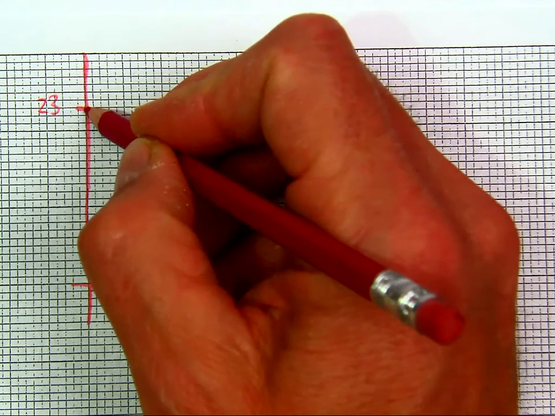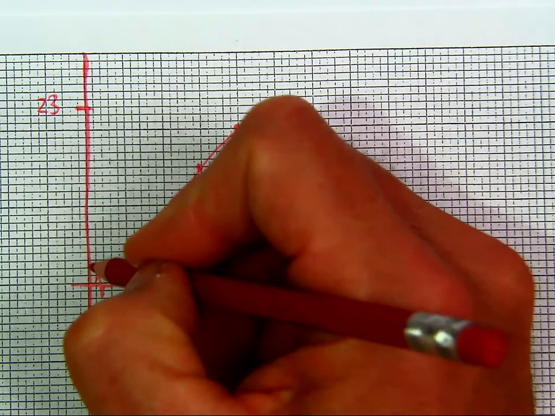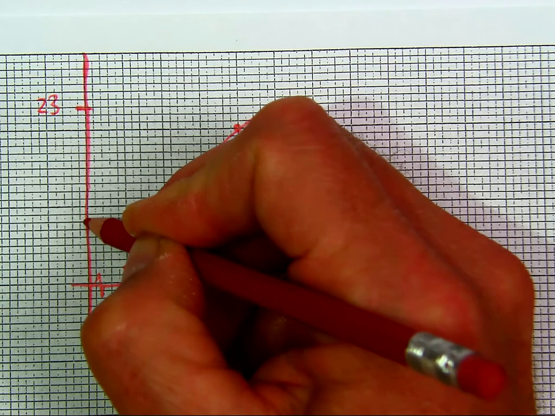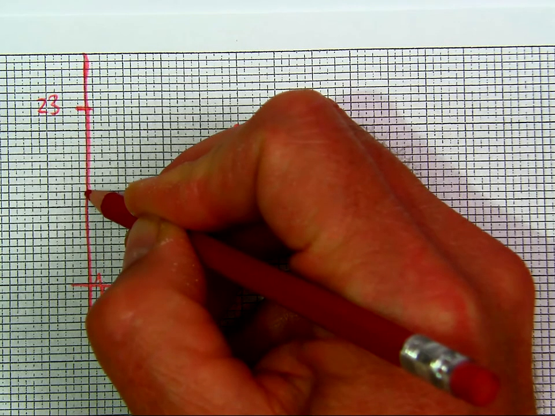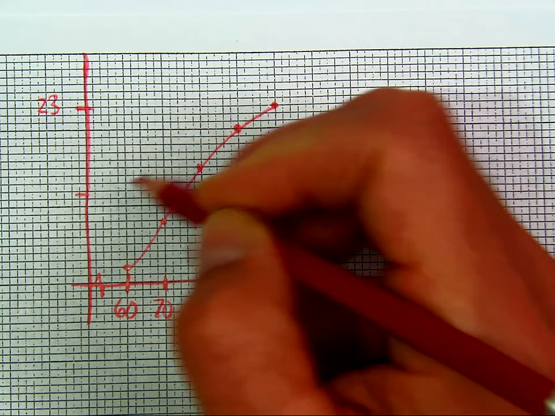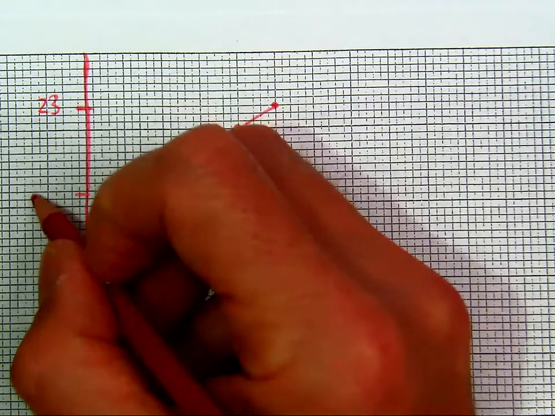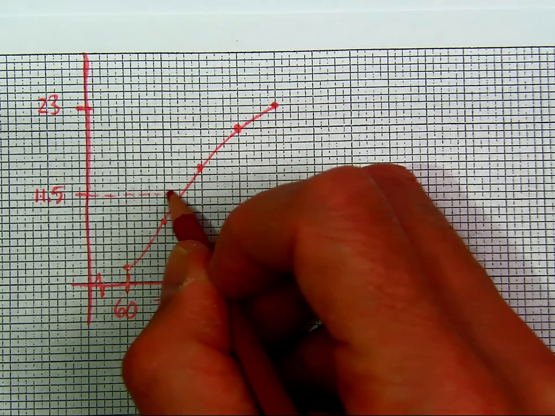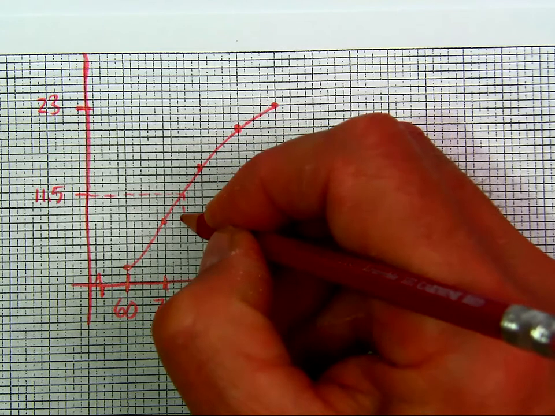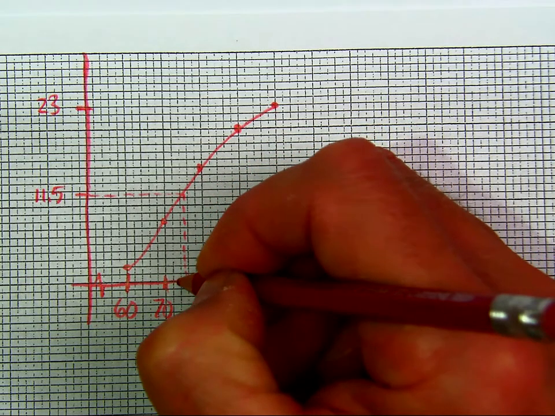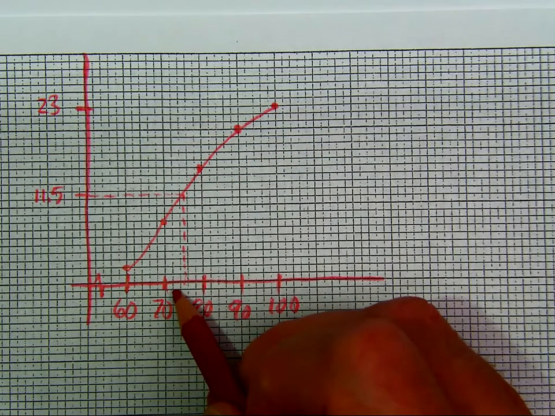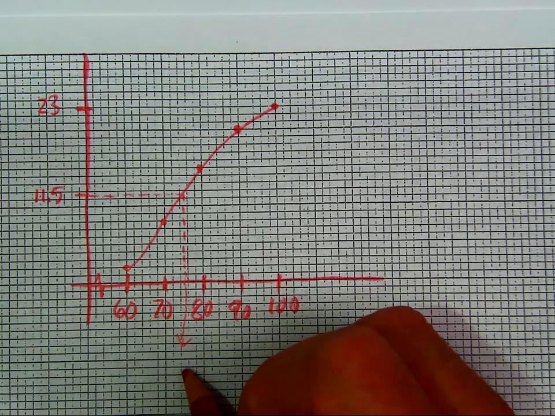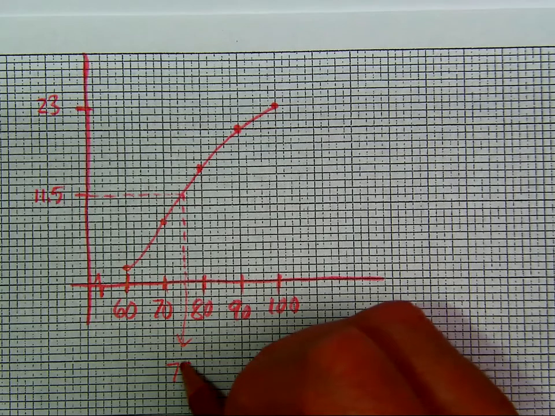That's where the median will be. We have to go 1, 2, 3, 4, 5, 6, 7, 8, 9, 10, 11.5. So we look out between those two lines, and it's going to be between these two lines of 72, 74, 76. So that looks like it's 75. Is the median.